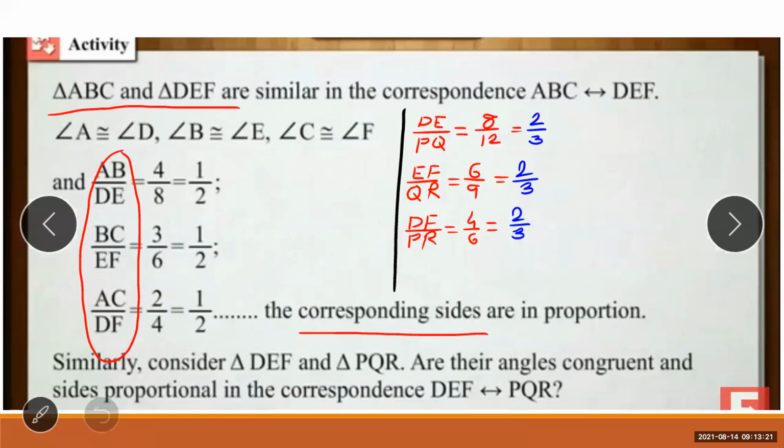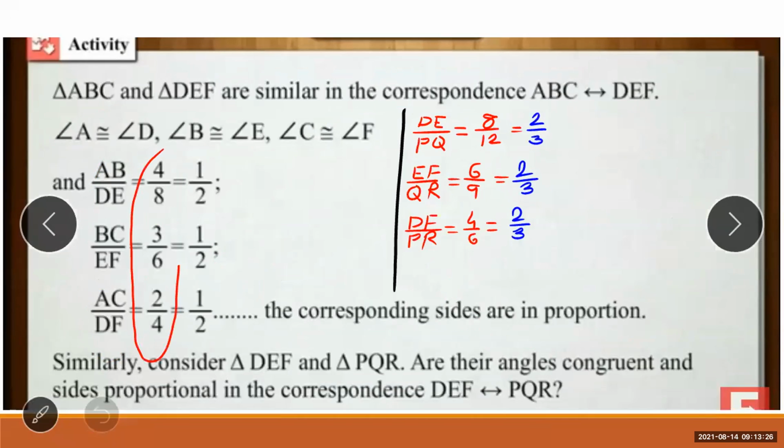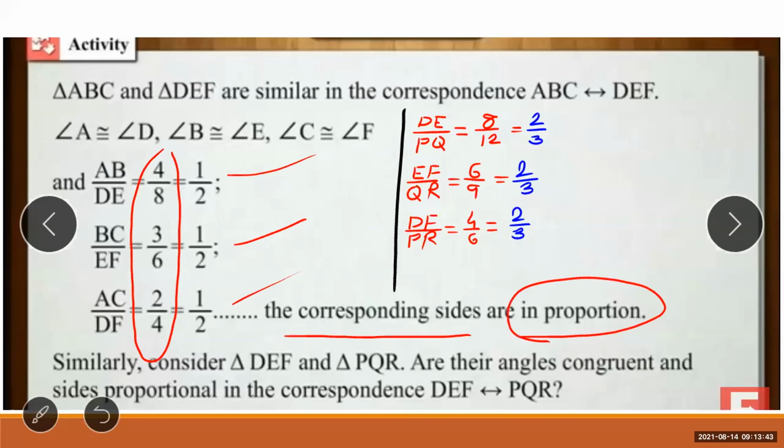Now by calculation, for each of those ratios, the final answer we will get is 1 by 2, 1 by 2 and 1 by 2. So that means the corresponding sides are in proportion. That means the ratios have the same value.